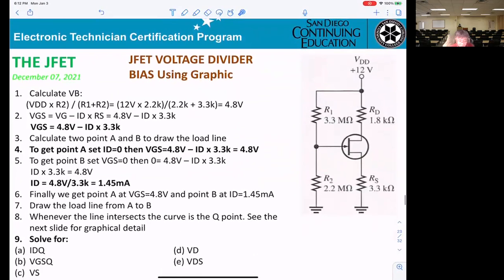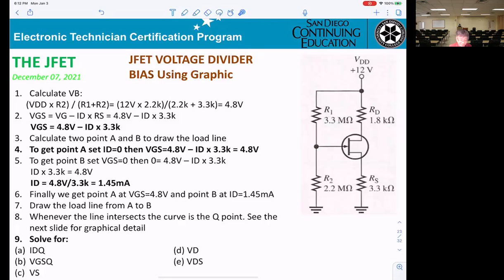Now, next one, voltage divider. If you get the bipolar transistor done, that's more easy, okay? You see that, you can calculate the VG right here, voltage divider, okay?